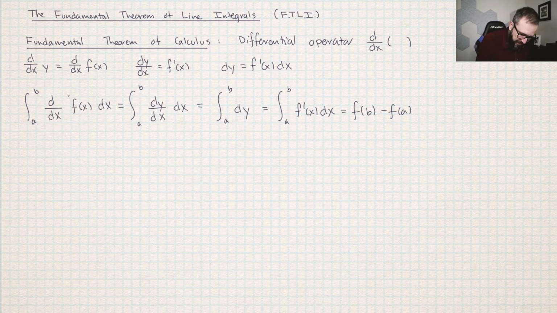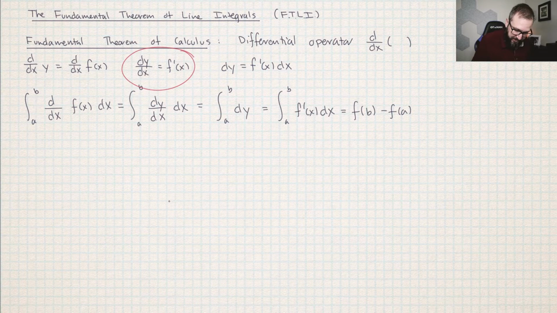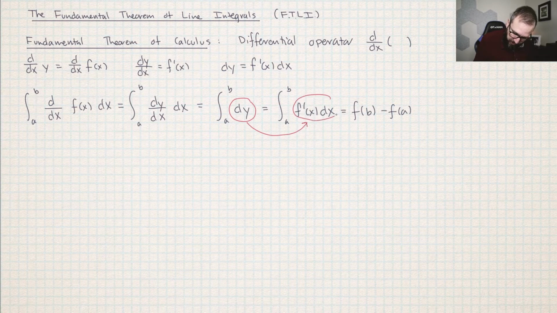So I have d/dx of f of x. Hopefully you can see that these symbols right there are the same thing as that f prime of x. And then dy/dx is f prime of x. So these symbols right there go with those symbols right there. And also dy is f prime of x dx. Those symbols right there do match with that symbol right there.